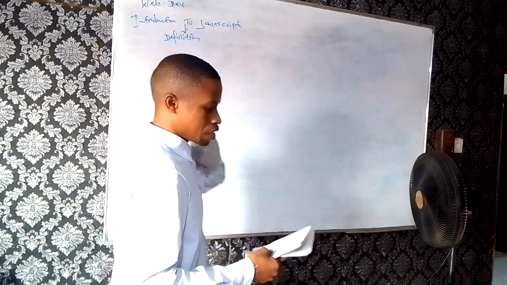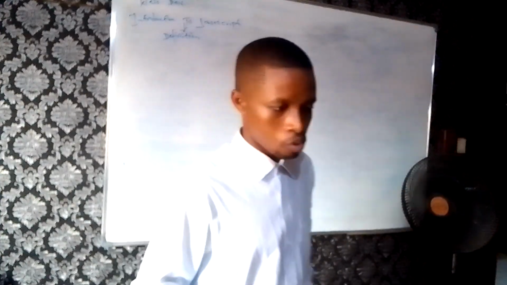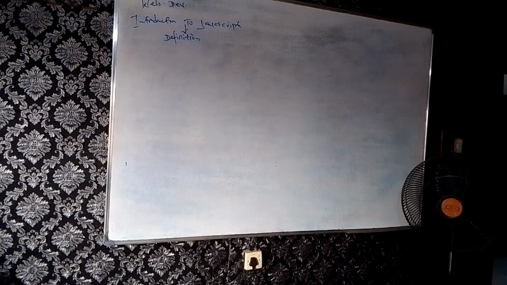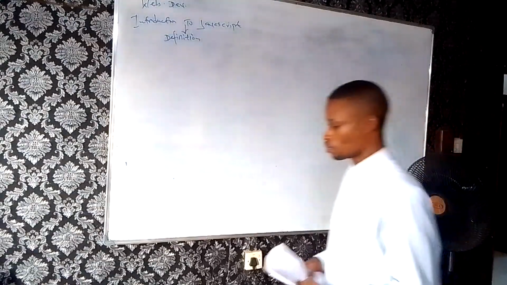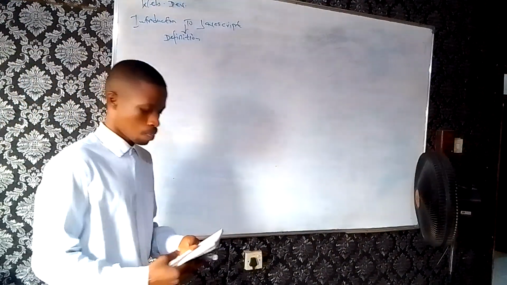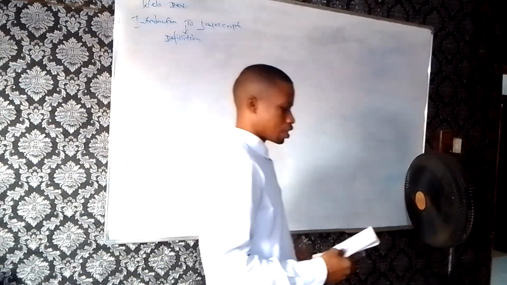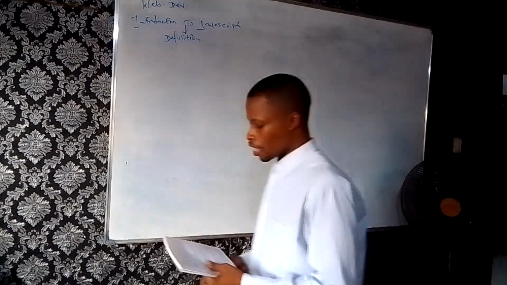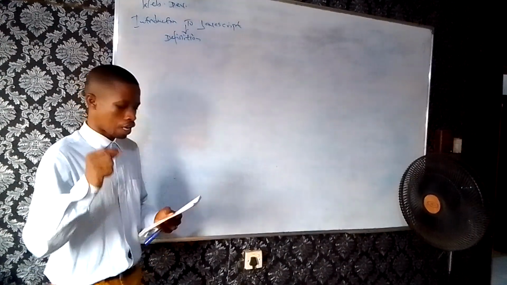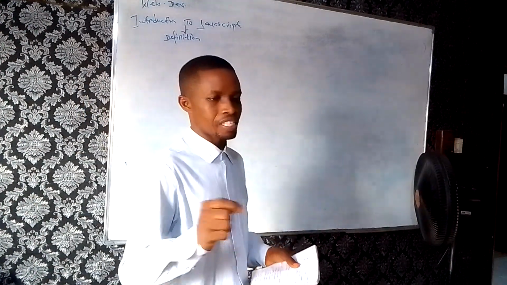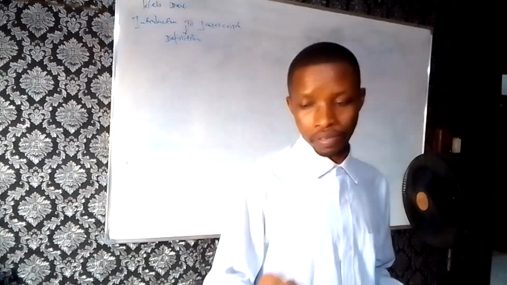Okay, so let's start with what is JavaScript. Let's write: what is JavaScript? That is the definition. JavaScript is a powerful programming language that can add interactivity to a website.